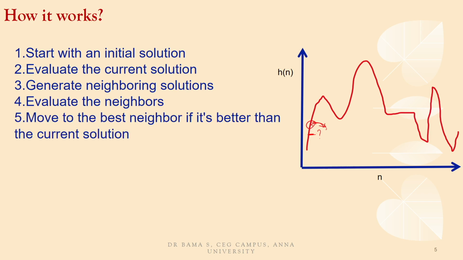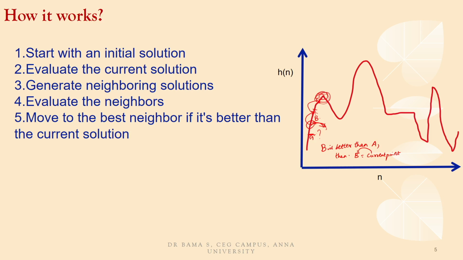Suppose I call the current one A and the next one B. If B is better than A, then make B the current point. Our current point is B, and do the same step. So check the neighbor, if it is better than the previous one, go, otherwise remain the same. So it goes and finds that this is going to be the global maximum.